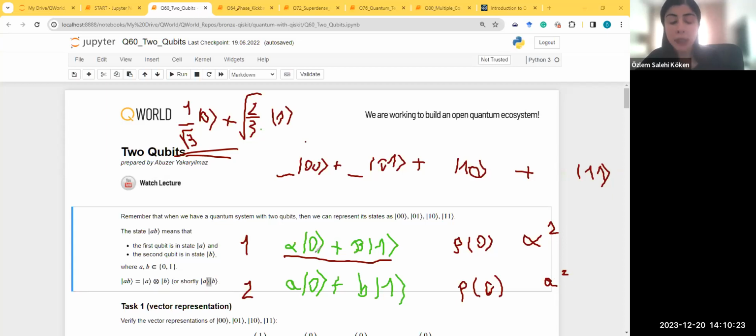Now, the question is, what is the probability of observing state 0, 0? This means both the first and the second qubit should be in state 0. What is the probability? Okay, alpha squared a squared. Are there any other answers?